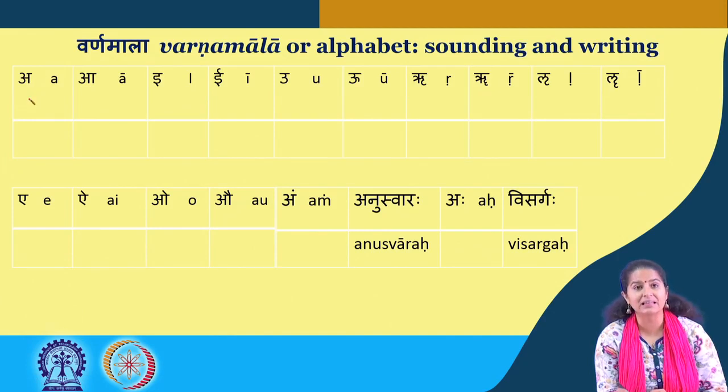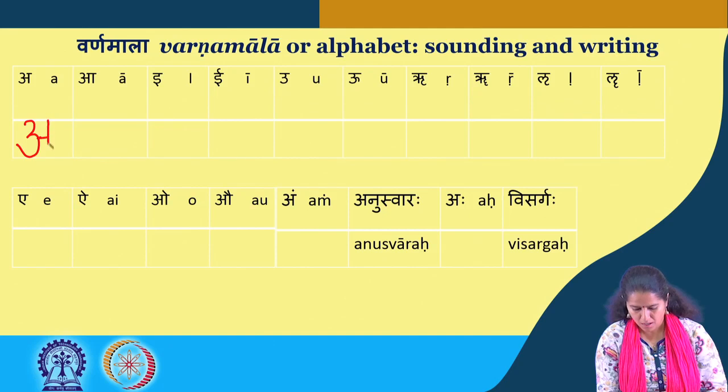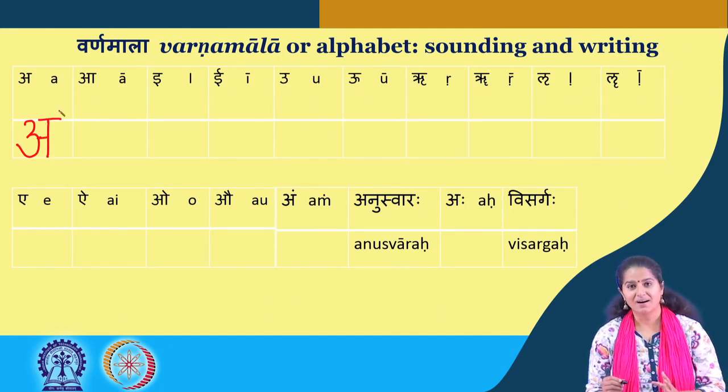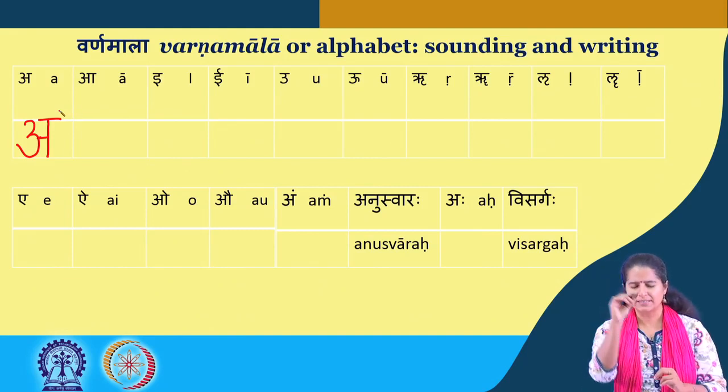So the first letter is the A, and as you can see, it is like a 3 and which has a bridge and a T. Astu. And as you write the letters, please say them aloud. That would be of big help. What would be ideal is that you write a letter as I'm showing you. Then you close your eyes and in your mind's eye write out the letter again.